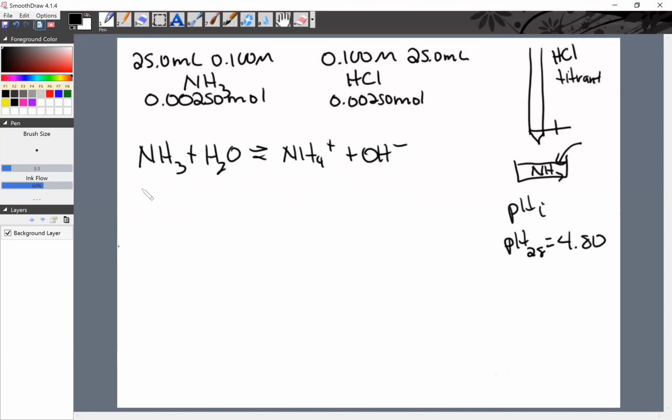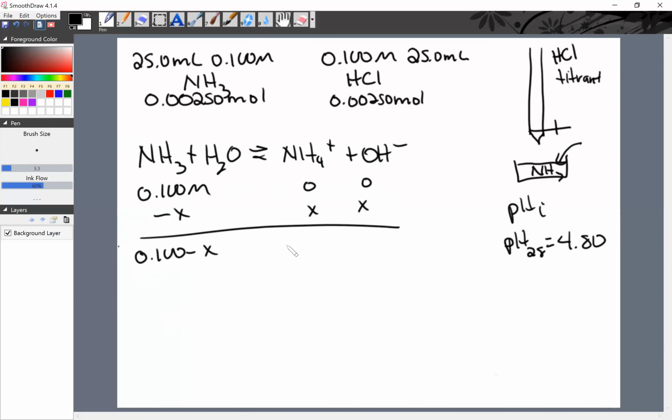So I can use the molarity because I haven't diluted it. 0, 0, minus x, x, and x. And the Kb, you can actually look this one up.